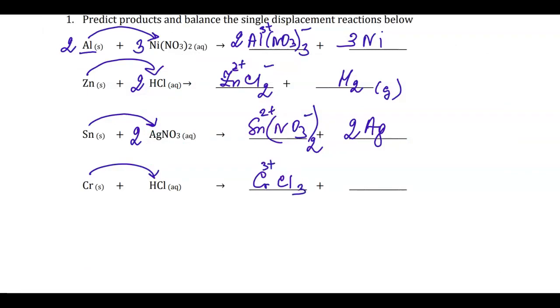So 3 here and H2. And here we have another tough case of balancing. So, right, so 1 chromium, 1 hydrogen, 1 chlorine, 1 chromium, 3 chloride, right?